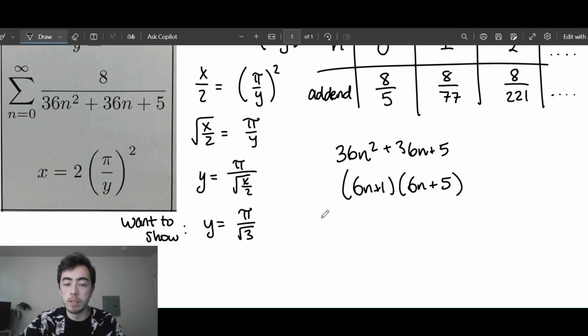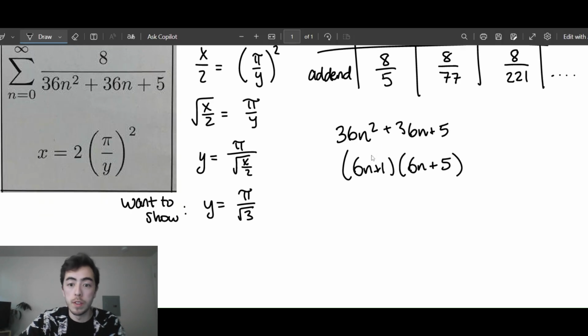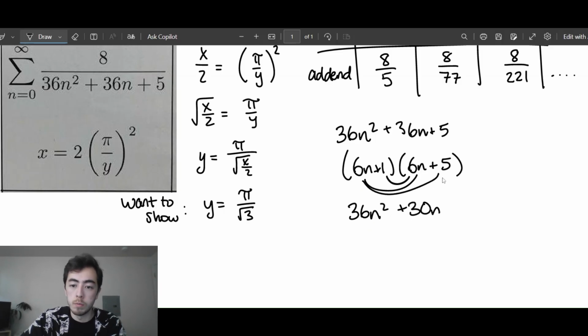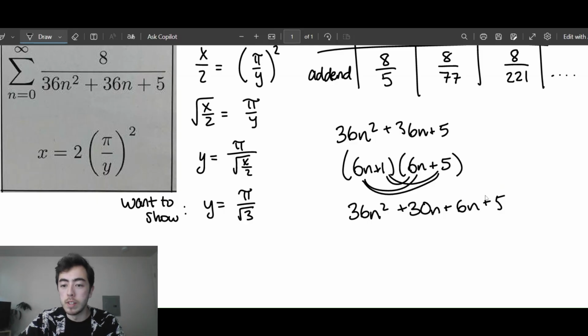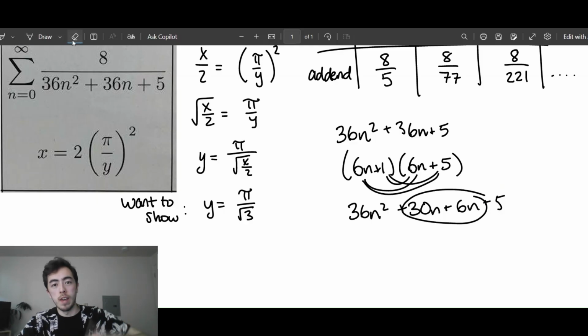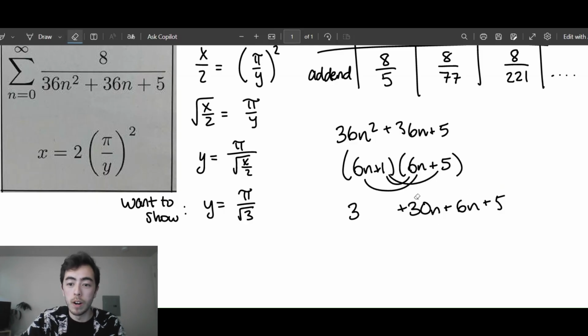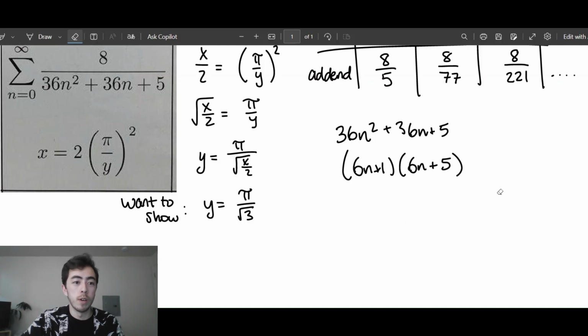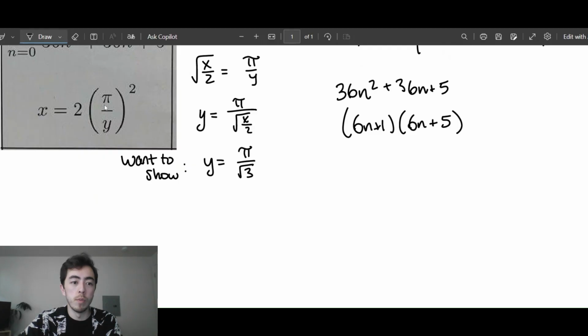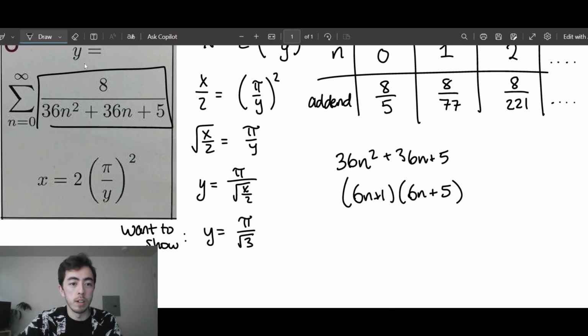Because if we FOIL it out or distribute all the things, the first two terms create 36n squared, the outside terms create 30n, the inside terms make a 6n, and then finally 1 and 5 make, well, 5. And then adding up these middle terms shows that these two expressions are the same. So I could factor the denominator, and I'm just going to kind of investigate this part right here first.